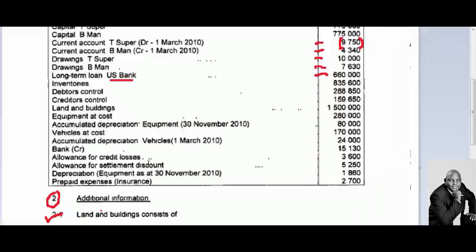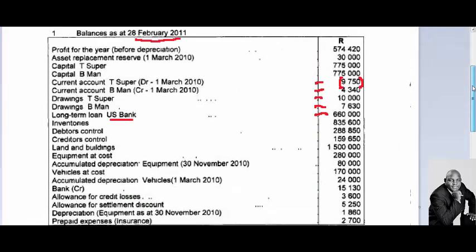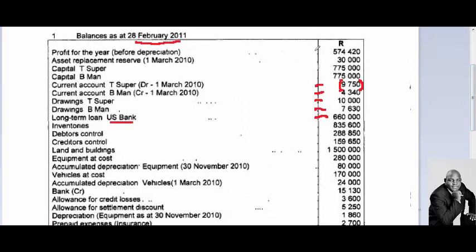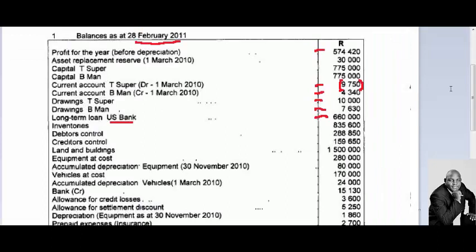calculate the comprehensive income. Okay, so we need the comprehensive income for the year before. That was 574,420, right? But it's important that you've seen that we said before depreciation, so we need to subtract the depreciation.